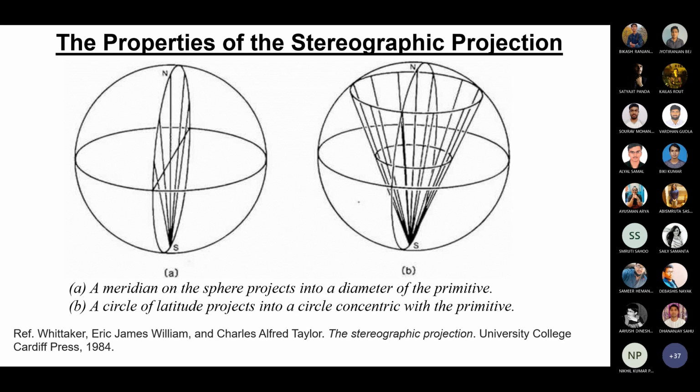I have written two important features in the slide: a meridian on the sphere projects into a diameter of the primitive, and a circle of latitude projects into a circle concentric with the primitive. These two things are important properties of a stereographic projection.